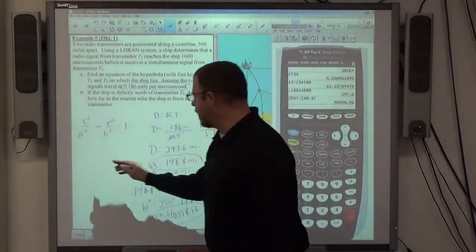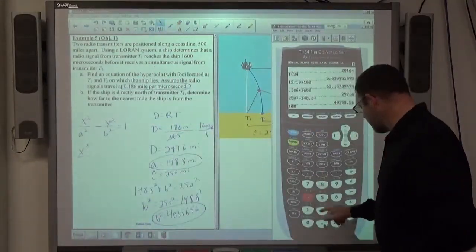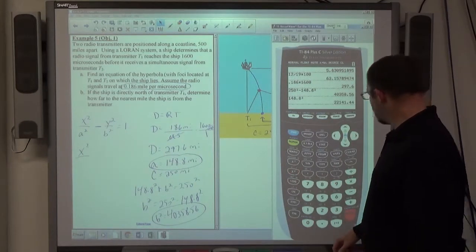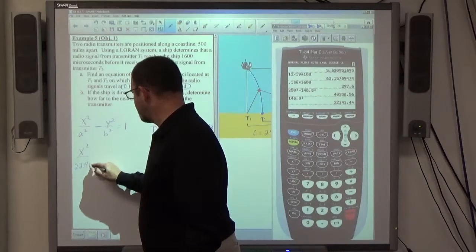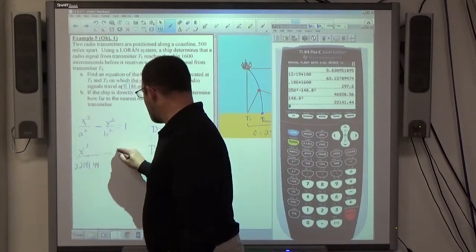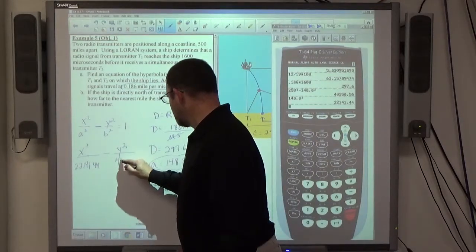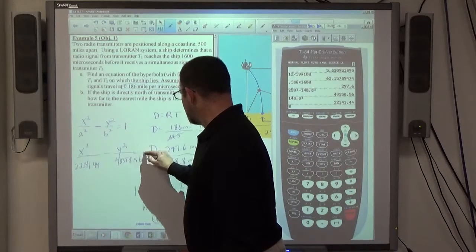So x squared over a squared. So if I type in 148.8 squared, it comes out to 22,141.44. Minus y squared over b squared, which is 40,358.56, equals 1.